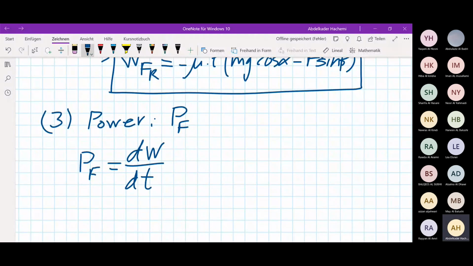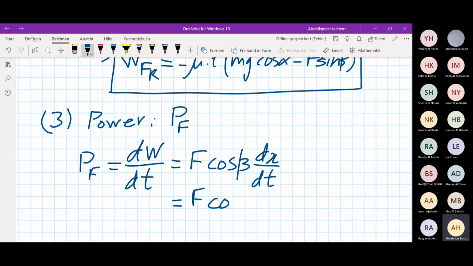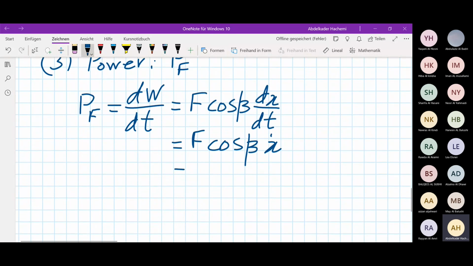Then it means here we have F cosine beta, always in the same direction of the motion, and this is only F cosine beta x dot, and as x dot is constant, it's only v0.